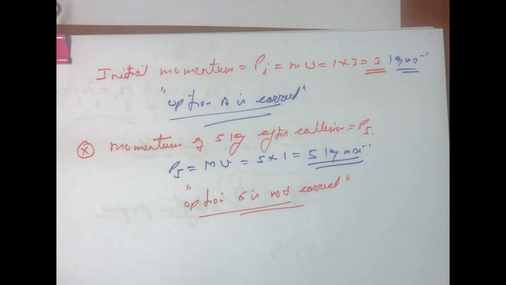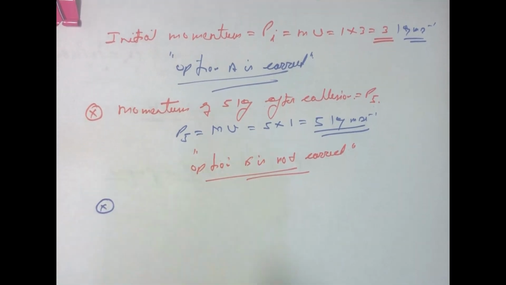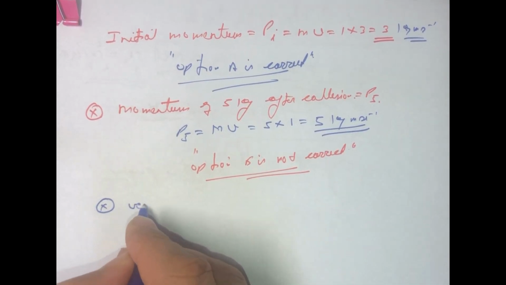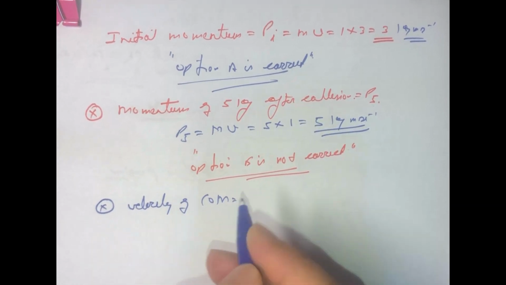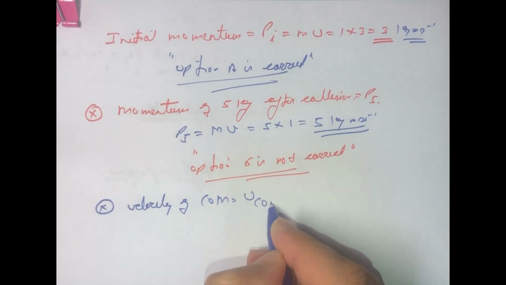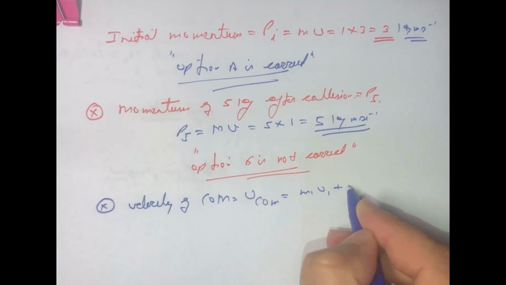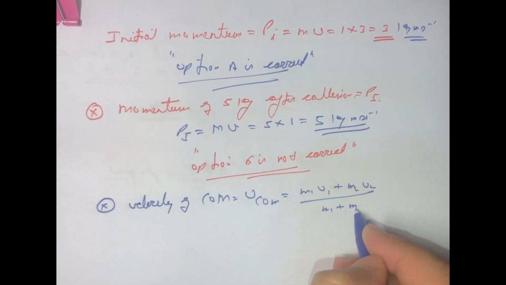And next is the kinetic energy of the center of mass. First, the velocity of the center of mass, let us call this VCOM, is equal to (m1 v1 plus m2 v2) divided by (m1 plus m2).